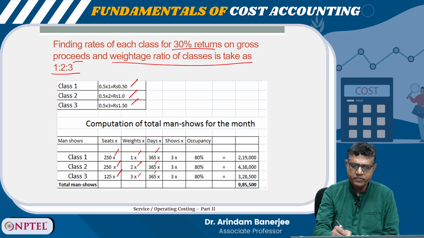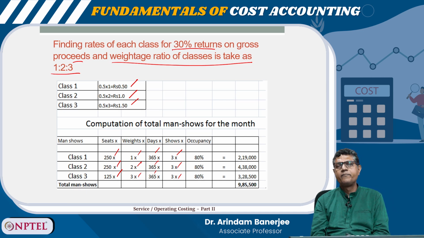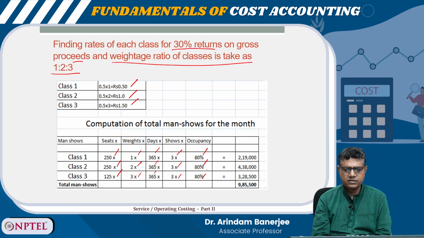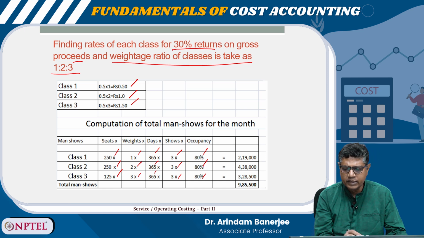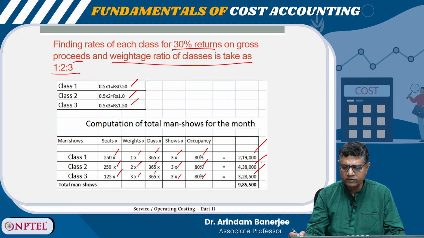Shows per day 3, right? So occupancy, we are assuming that 20% on average remains vacant. So occupancy is 80%. Now, if I multiply, I get from class 1, 2,19,000, for class 2, 4,38,000, and for class 3, 3,28,500.